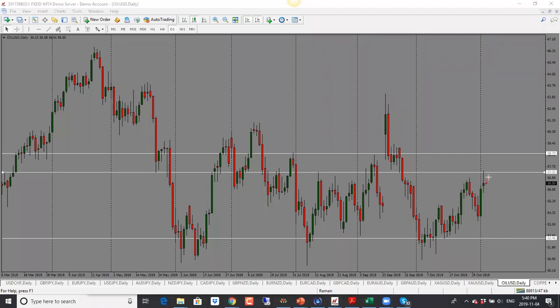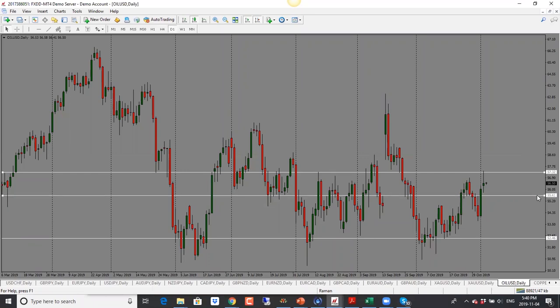What I would look for is a bit of a pullback towards 57, looking for the top of this pin, and if it stays below, I would look for a drop here. So bias here is bearish, and target will be 55.50. Bearish bias here for oil.